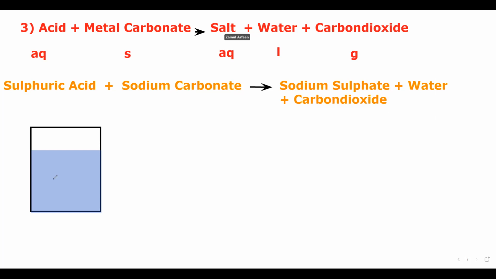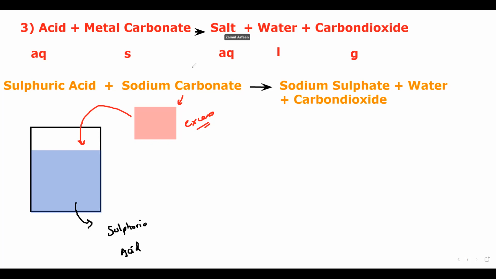So what happened in the beginning, we have again this sulfuric acid. Then the sodium carbonate is solid. So we add this sodium carbonate. When we add it, the sodium carbonate will react and we use excess. Excess means too much, or more than enough for a complete reaction.